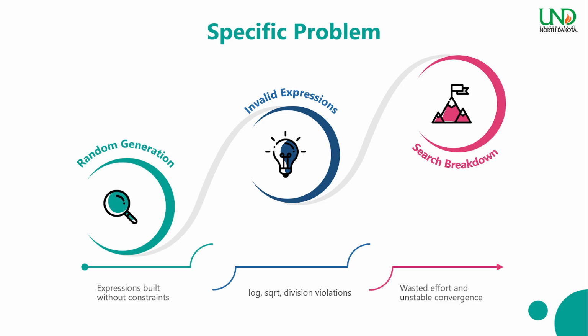The key issue here is that these things are not wrong, because you can filter them out later, but they still take up time in the search process. They're getting generated, evaluated, and then discarded later on. That wastes a lot of CPU effort, and it makes the search less stable, especially around expressions that are more complex, where these violations can happen more often.